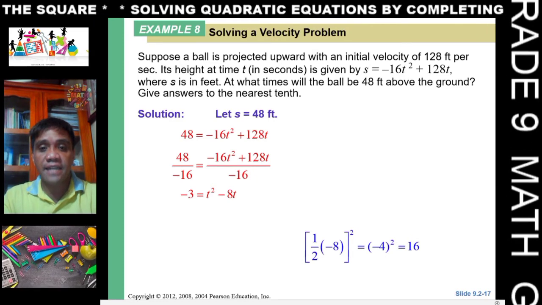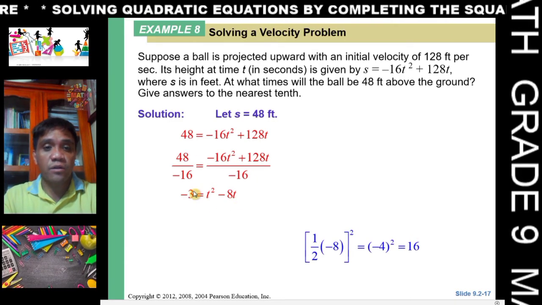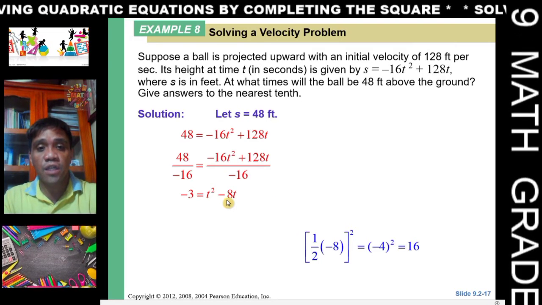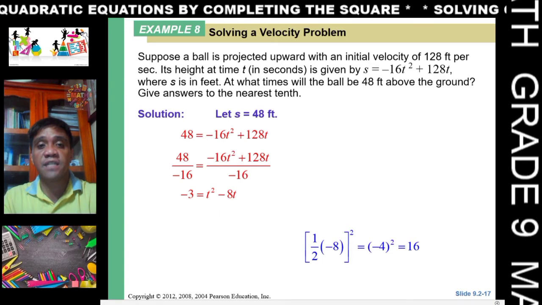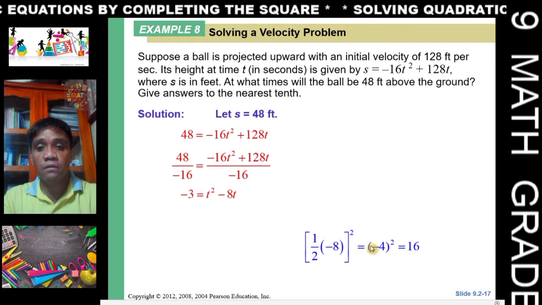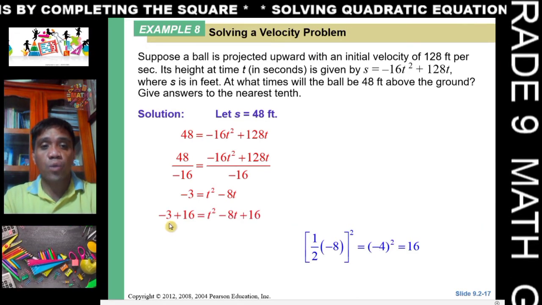From that, we are going to make the right side a perfect square trinomial. Half of the numerical coefficient of the linear term, which is negative 8, is negative 4. The square of negative 4 is 16. So that is why we add 16 to both sides.